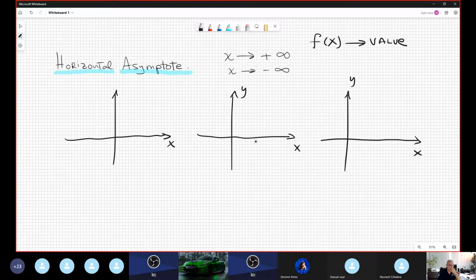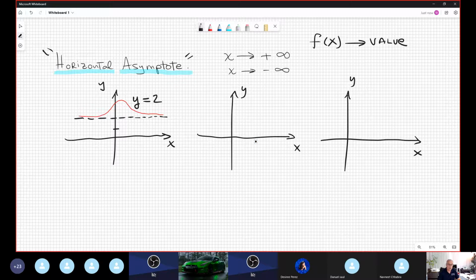So now we have, for example, this kind of horizontal asymptote. By the way, the horizontal line equation is y equal to a number, no? Suppose that it's 2. One example. So, for example, our curve doing this behavior. This is one hypothetical example.